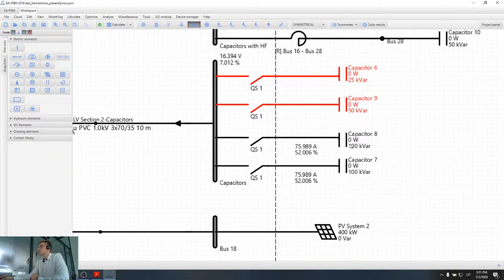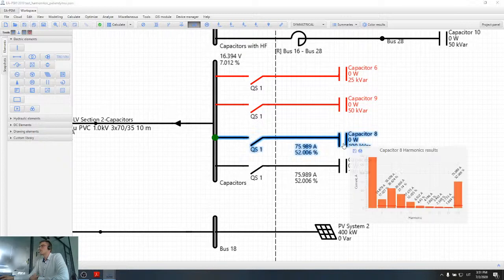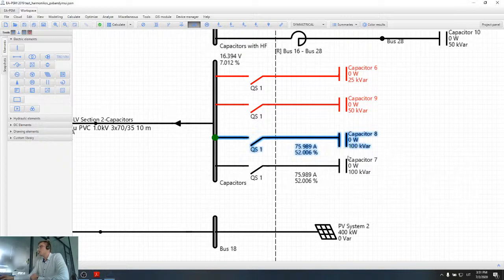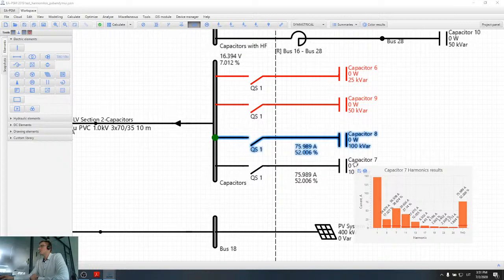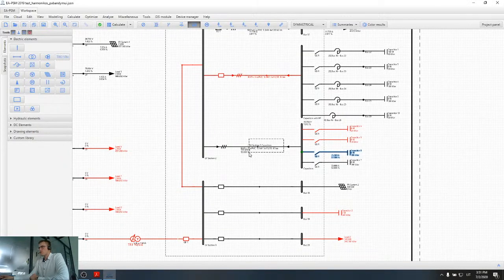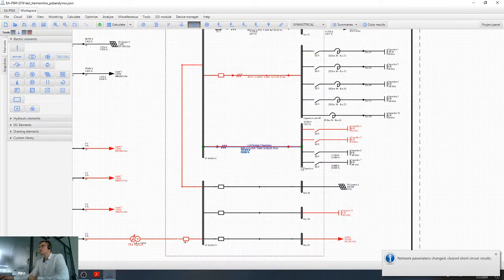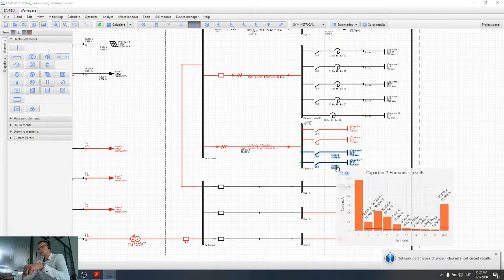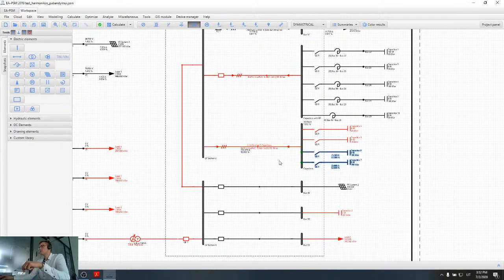It means that the capacitor will overheat, and after some time it can explode and definitely will be damaged. So this kind of configuration in this network is not recommended. I can disconnect capacitors and also the line which is going to the capacitors.